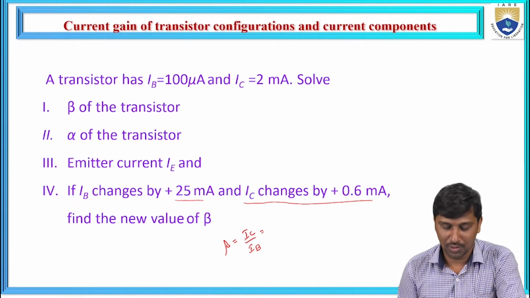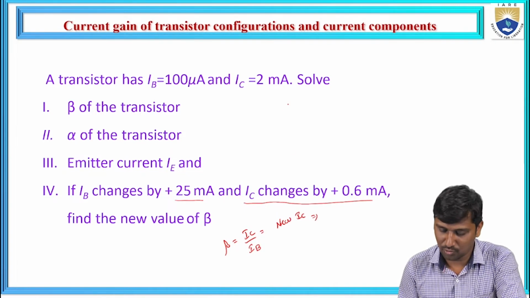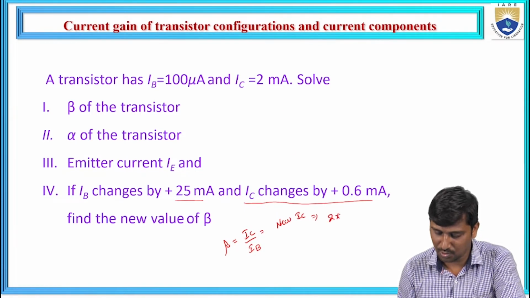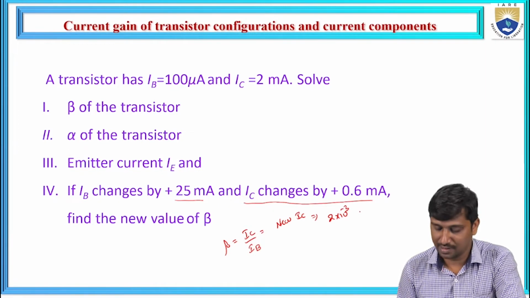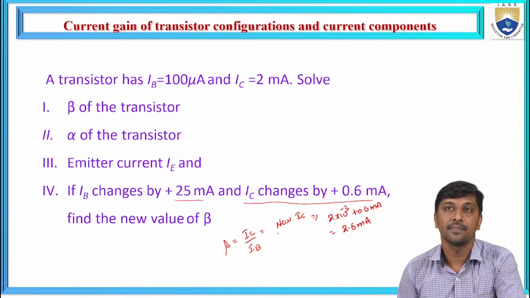Now we need to find the new collector current. The old one is 2 milliamperes, and it is increased by 0.6 milliamperes, hence it becomes 2.6 milliamperes.